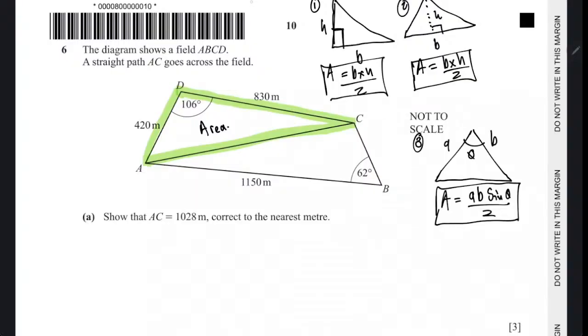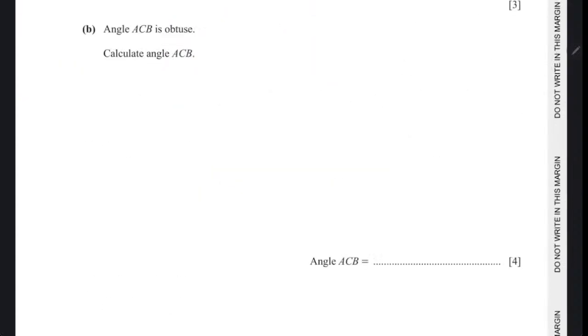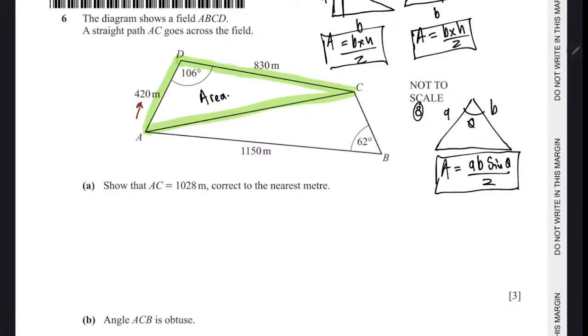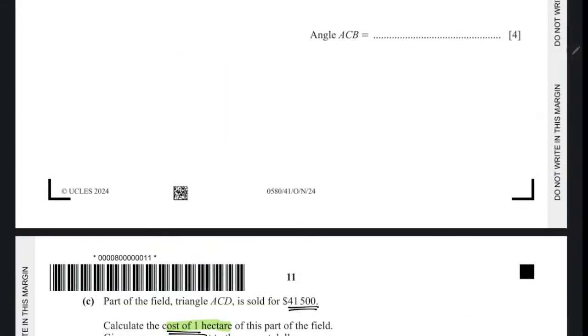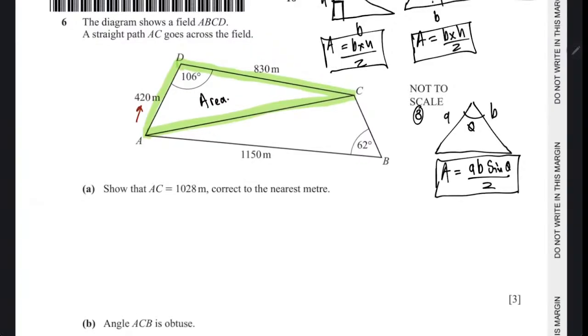So we're going to say, okay, for this triangle ACD, area of ACD is equal to, what is your A? It's this side here, 420 meters. If you want to put it in symbols, this is opposite capital C, so it's called side small c.